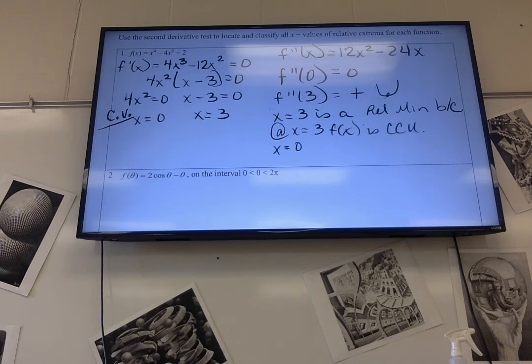And x equals 0 is not a guaranteed max or min. If we had to find out if it was a max or min, you would have to use the first derivative and plug in numbers to the left and the right of it into the first derivative and see if it increases and then decreases or vice versa. It's not though, it just ends up being a regular point of inflection.